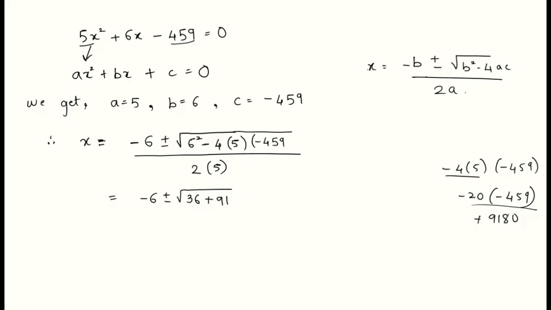Here 36 plus 9180 upon 2a, 2 into 5 is 10. Therefore x is equal to minus 6 plus or minus square root of, add this 9180 plus 36, we will get 9216 upon 10. Going on next page.